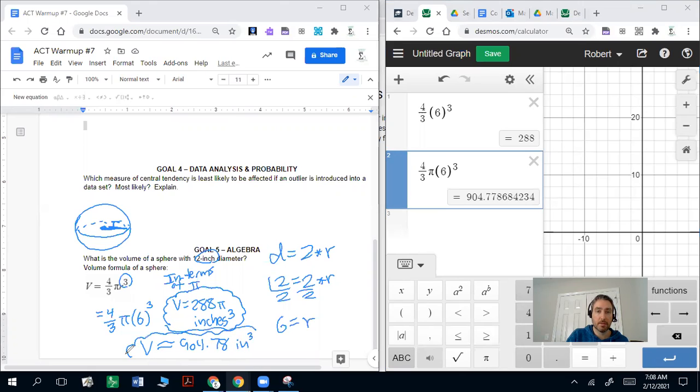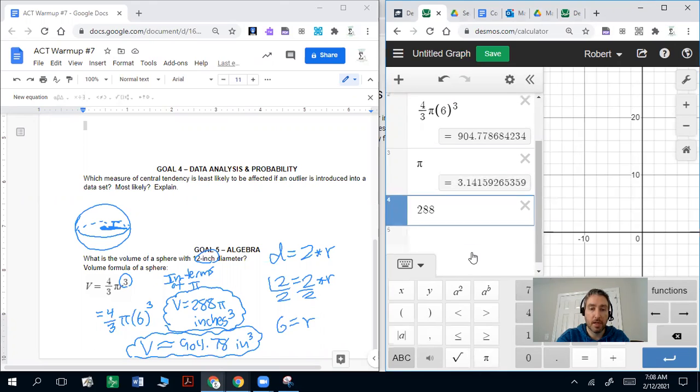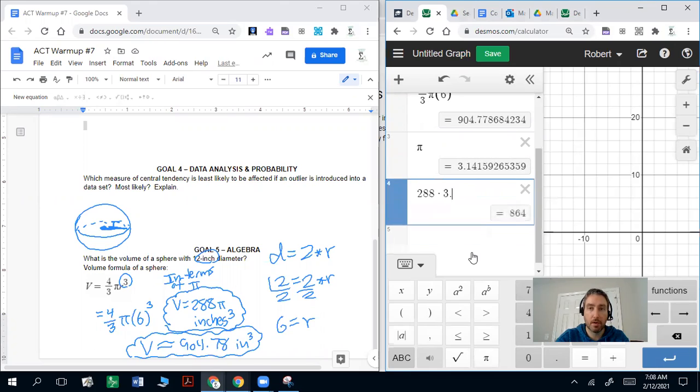So either one of those answers is acceptable, and you might see it listed one or two ways. Remember, those aren't different numbers. Pi itself is approximately 3.14. So you're really taking 288 and multiplying it by that value. So 288 times 3.14 is, there's your 904 right there.